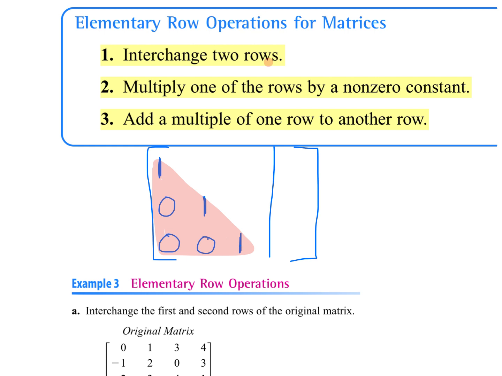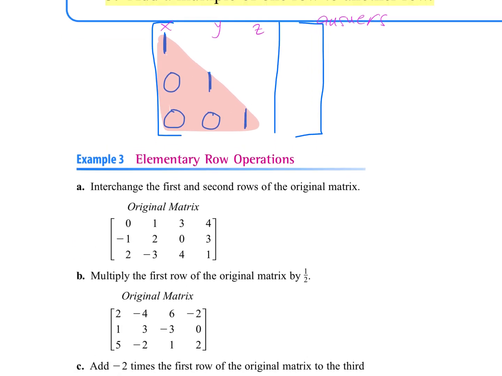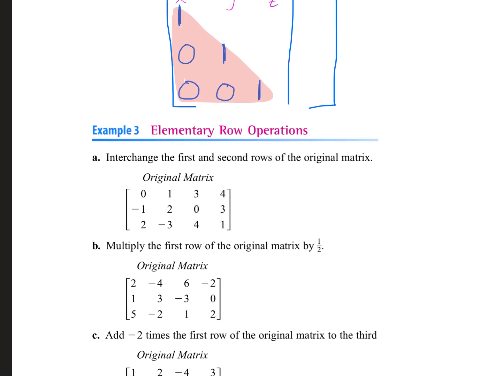Remember, this is your X column, this is your Y, and this is your Z, and these are the answers. It's kind of like a Sudoku puzzle. Once you get this pattern in your matrix, you can then write your equations and use back substitution to solve. I'll show you what I mean in a second. On WebAssign, they're going to ask you some questions, and we're going to have to do this tomorrow to answer. But just look at what we're doing here.